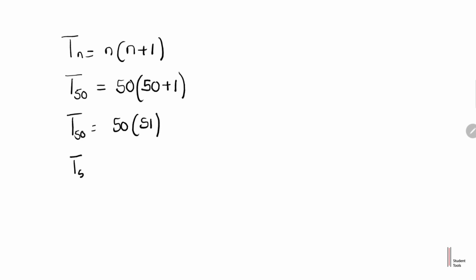Term number 50 is equal to 2,550. So that means the area of pattern number 50 is equal to 2,550 centimeter squared. And that is just how we find the area of pattern 50. All right, now let us move on to the next question.